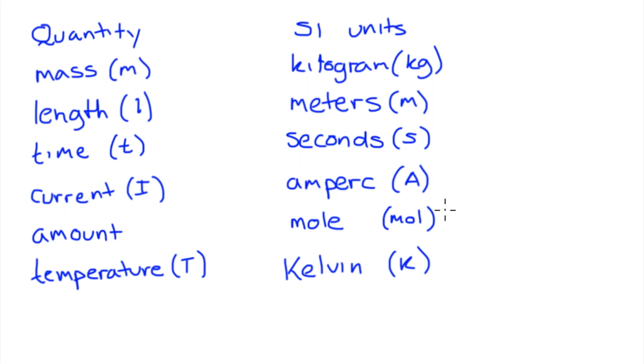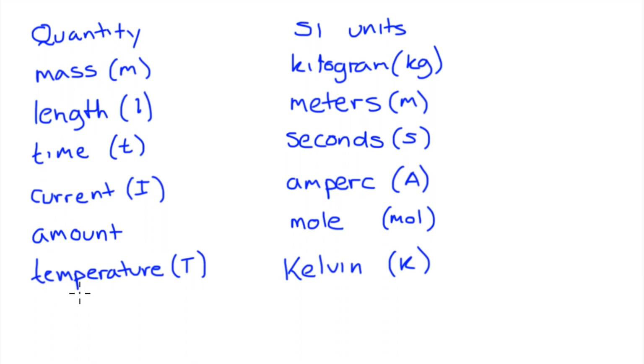When Celsius is at negative 273, Kelvin is at 0, and at this point all the movement of all particles in an object is completely still. We've never actually been able to achieve this; it's more of a theoretical concept. We will be talking more about that as we come into thermal physics.